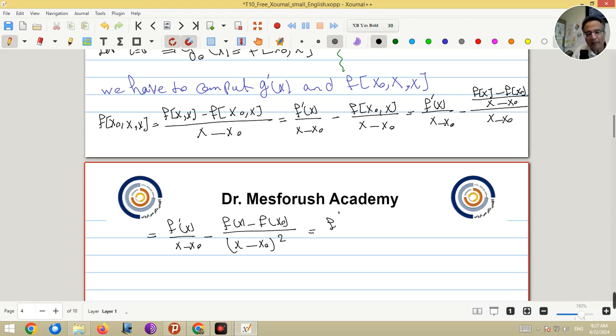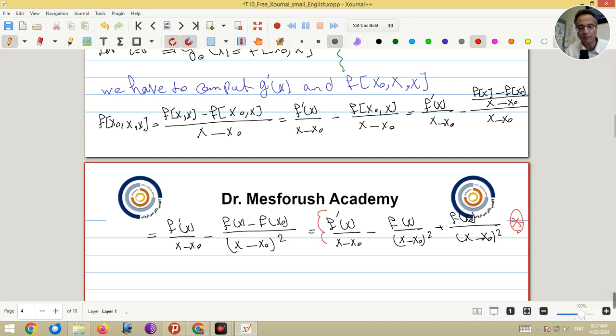Finally we get f prime of x over x minus x0, minus f of x over x minus x0 squared, plus f of x0 over x minus x0 squared. Keep it and call it star. In fact, this is f of x0, x and x.